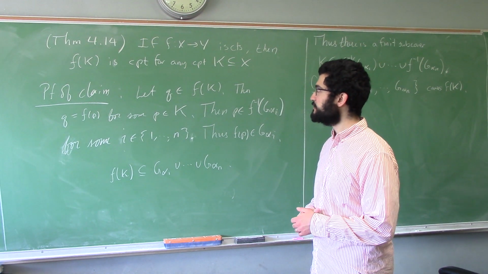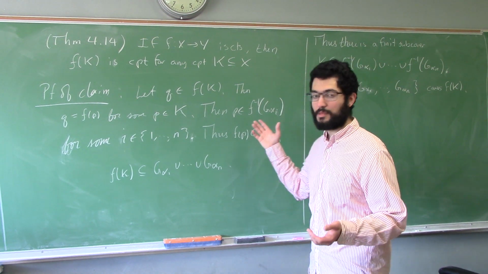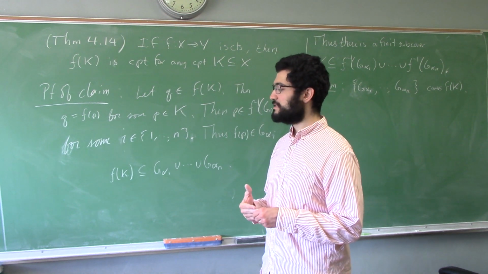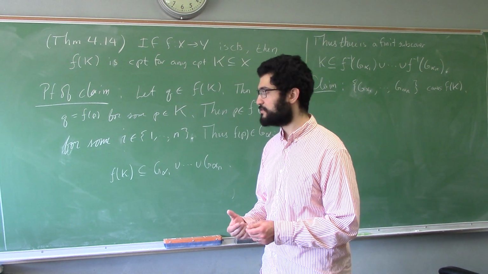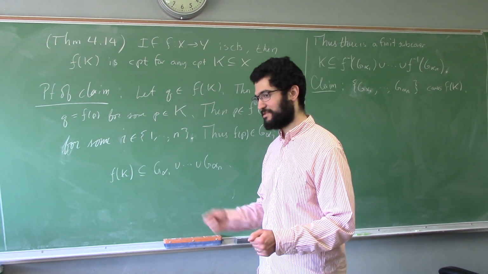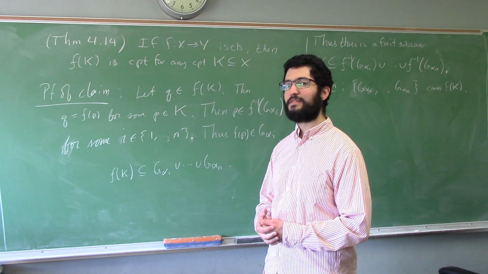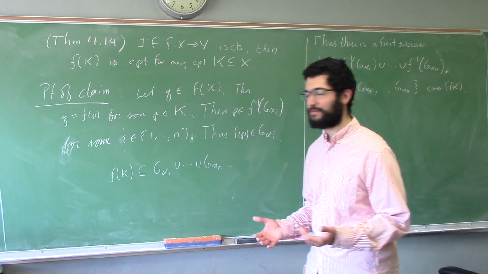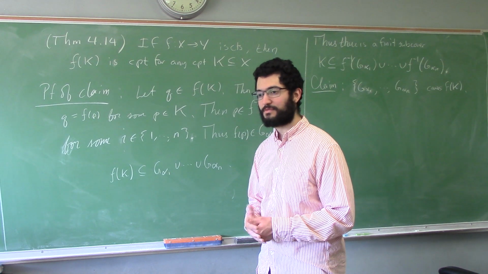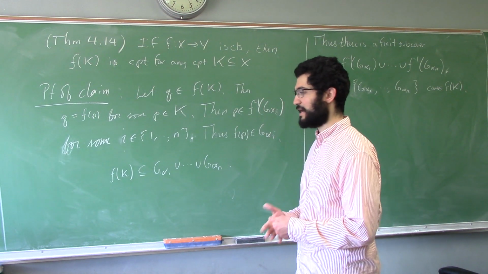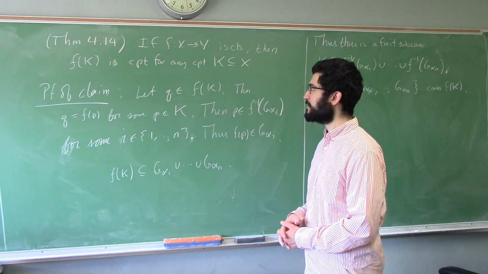But if you try to prove this in maybe R^k, where you have the Heine-Borel theorem, and instead of using the definition of compactness, you try to use closed and bounded, that the continuous image of a closed and bounded set is closed and bounded, I find that to be much less straightforward. In fact, I don't even know how I would start to prove that without going through the topological definition of compactness and using open covers.